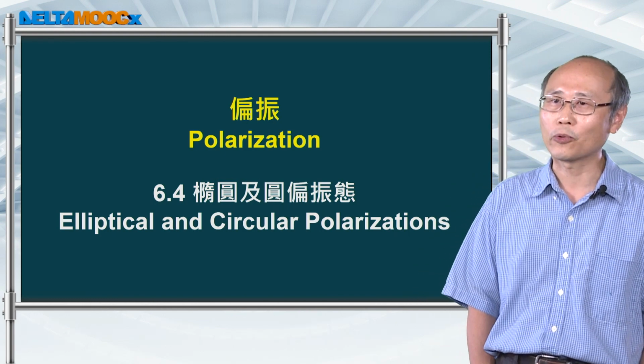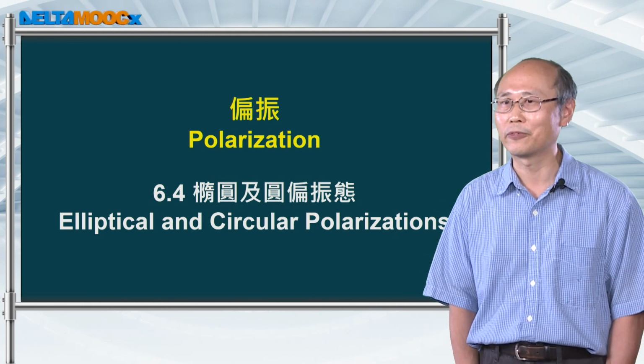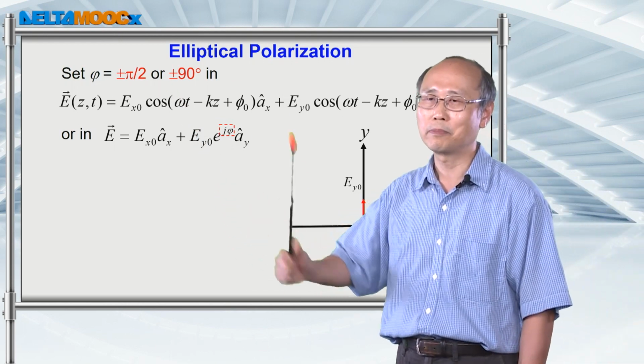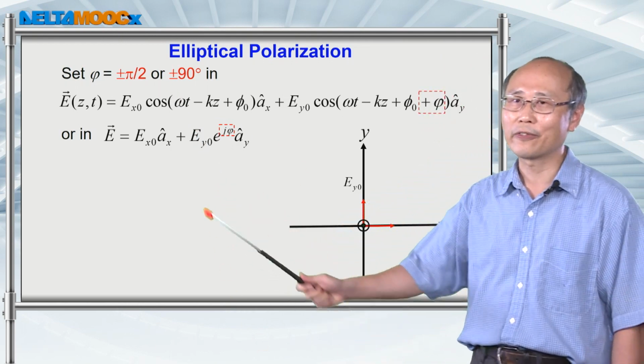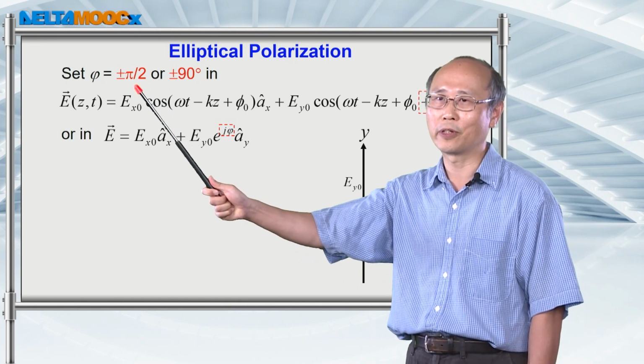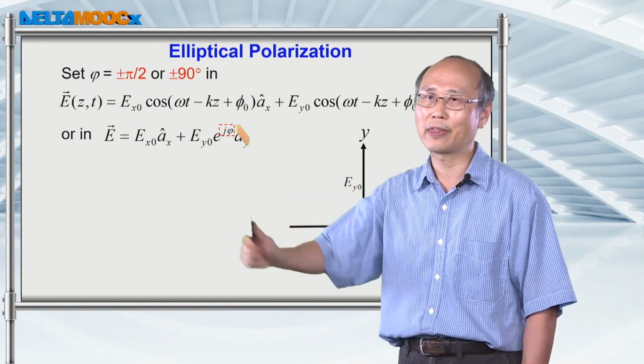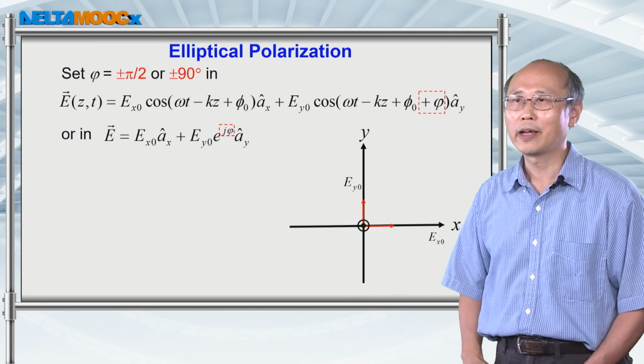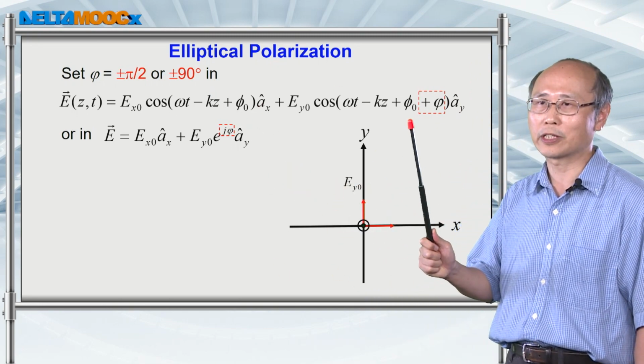And we're going to see what kind of condition we have to set for these two polarization states. Now we put some constraint on the phase difference between the two components. We first set this phase difference to be plus minus 90 degrees, and then put it into this general expression.